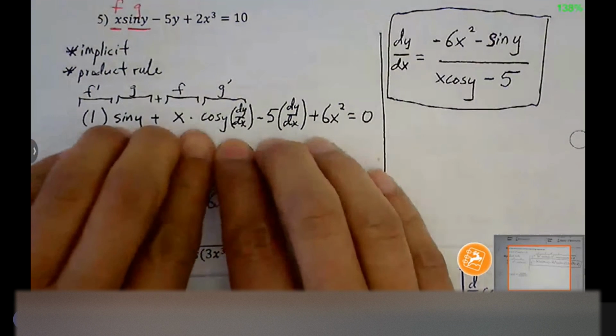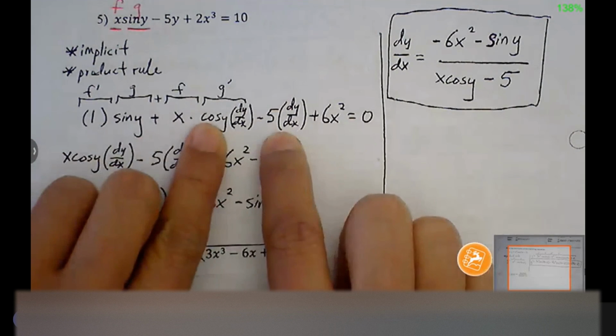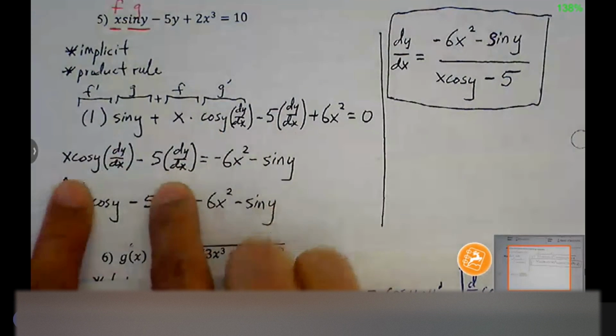Okay, so there's our most important step here, because after this, we're just trying to rearrange and clean up. I have two dy dx terms. I'm going to leave those two on the left.